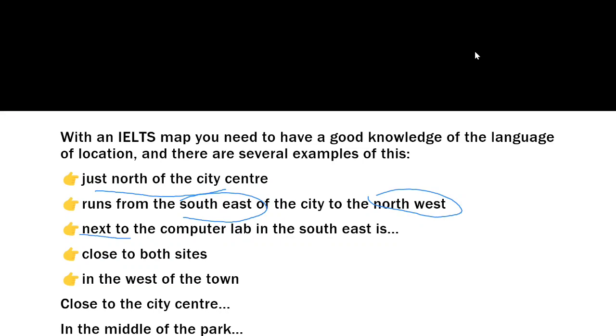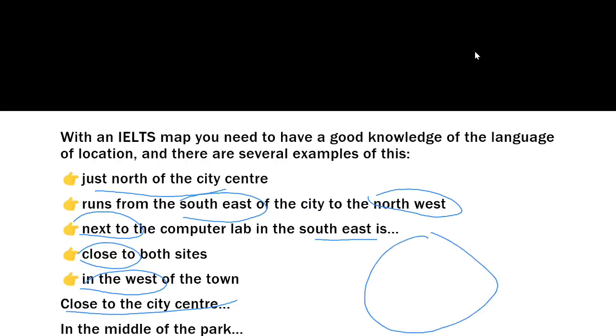You can use next to. Maybe next to the computer lab, in the southeast, is the library or something. You can use close to. Then you can use in the west of, in the east of, in the north of. Then I said you can use close to the city center or in the middle of the park.